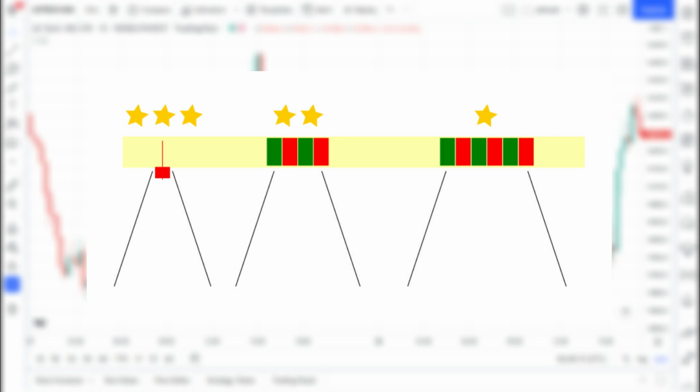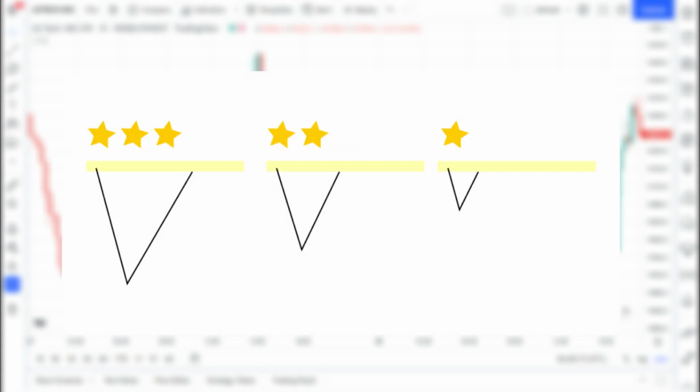The amount of time spent in the zone is another approach to judge whether the level is strong. In this situation, the amount of time spent in supply or demand is inversely proportional to the strength of the area. Such a brief stay in the zone indicates an imbalance of demand or supply. The length of the price movement away from demand or supply and back also indicates the level strength.